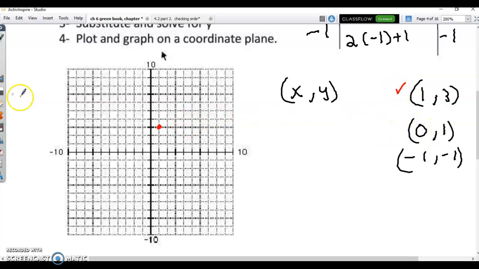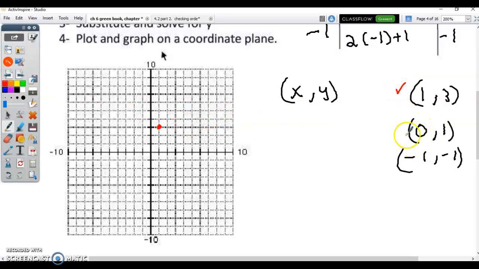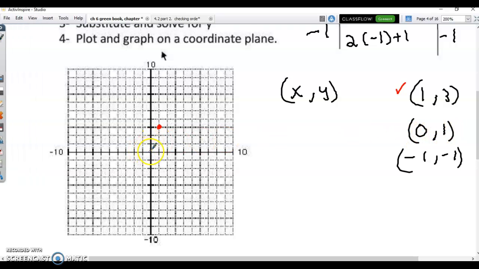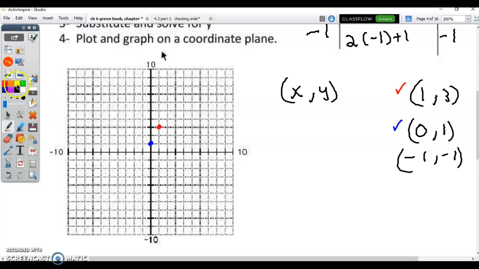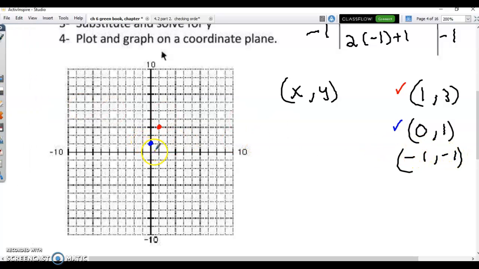Now I'm going to graph this dot here, 0 and 1. So 0 for my x, I don't go left or right, and then up 1 for my y. So there's another point on that graph. And then -1, -1, we would go to the left 1 and down 1, and we would put a point there. So you can see the 3 points now that are listed on our graph.